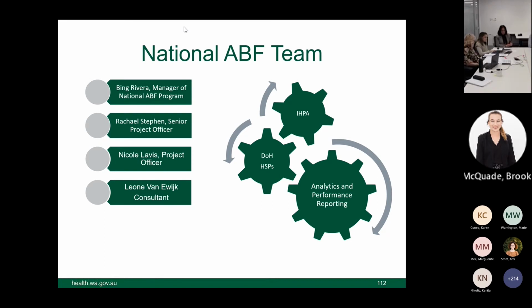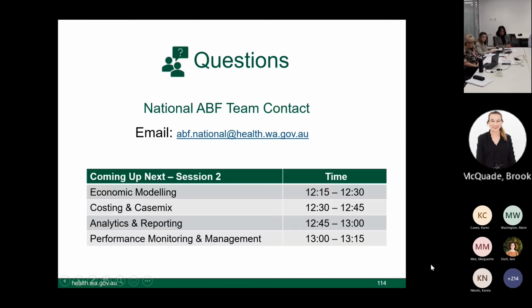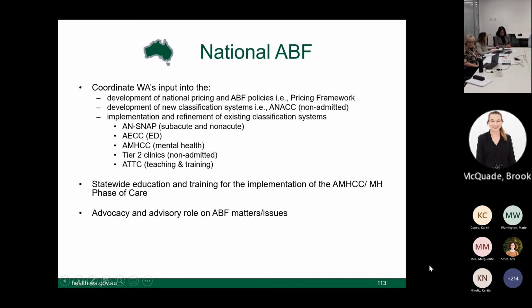The first one is that we coordinate WA's input into the development of national pricing and ABF policies. You may have come across the IPA pricing framework, the annual publication with the national efficient cost and national efficient price determinations.